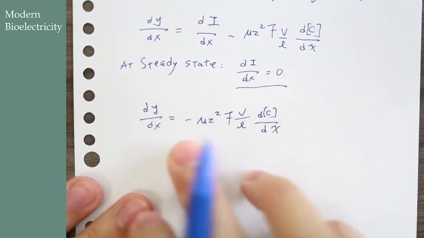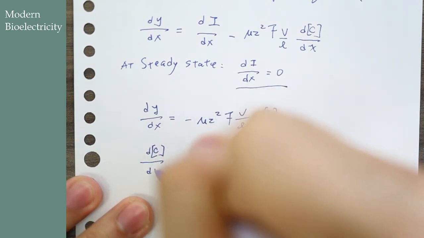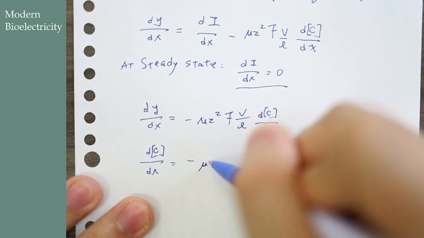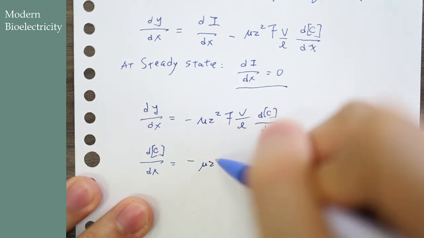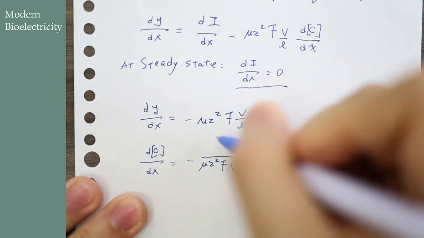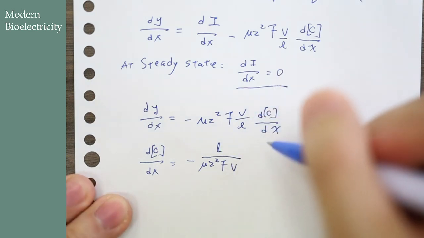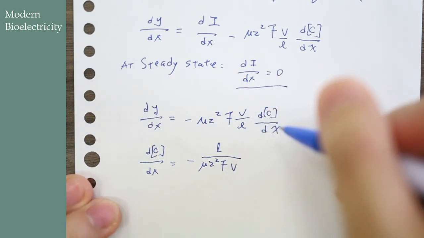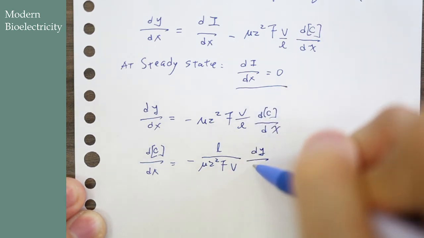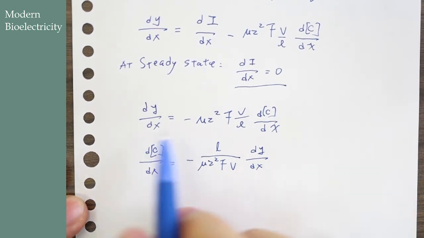And then we move things around, we can get dc dx is equal to minus L over mu Z square F V times dY dx.